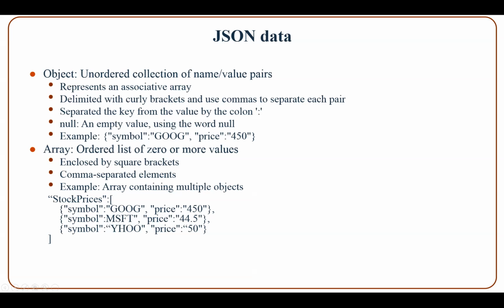An array is an ordered list of zero or more values enclosed by square brackets. Elements are separated by commas. This is an example. This array, stock prices, contains multiple objects. Each object is a price.